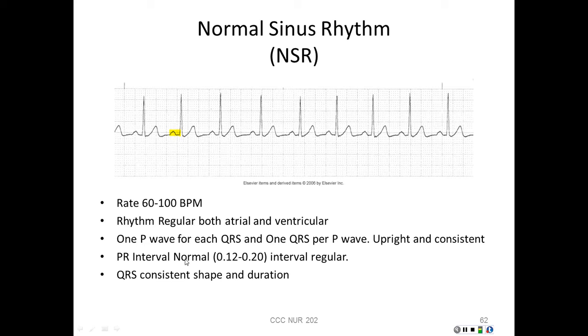PR intervals should be between 0.12 and 0.20 seconds. 0.12 seconds is basically 3 of the small blocks. 0.20 seconds is 5 of the small blocks, or 1 of the large boxes. Let me go down here.